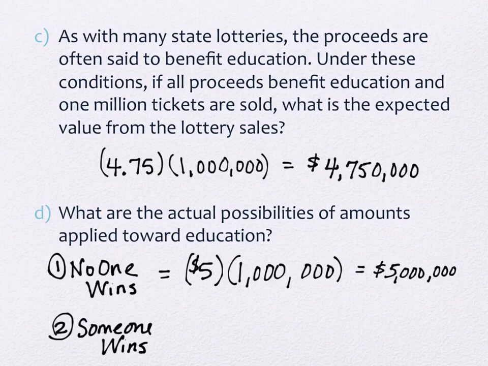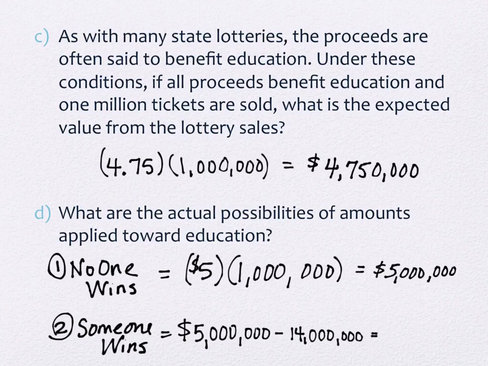However, if someone wins, things look quite different. Now, the state still took in $5 million, right? But if someone wins, what happens? They lose 14 million. You got it. They lose 14 million. Which means what actually ends up happening is that there is a negative what?